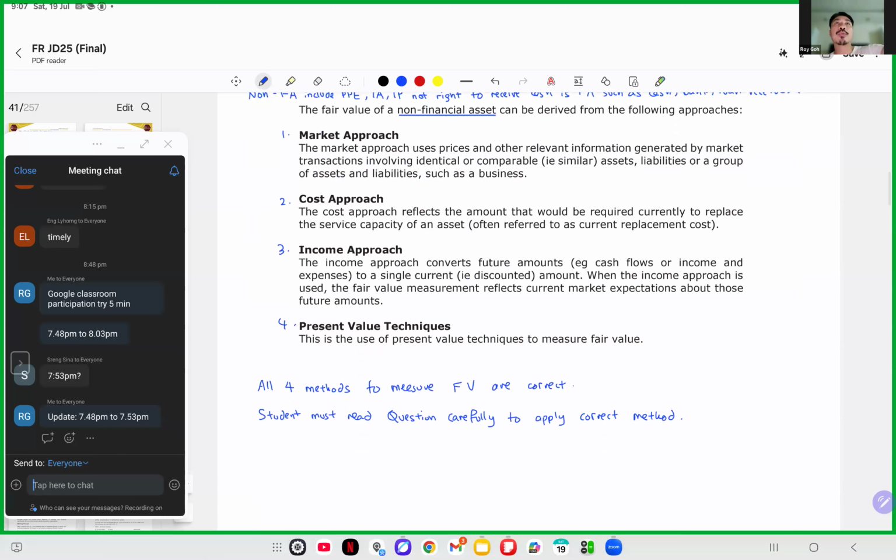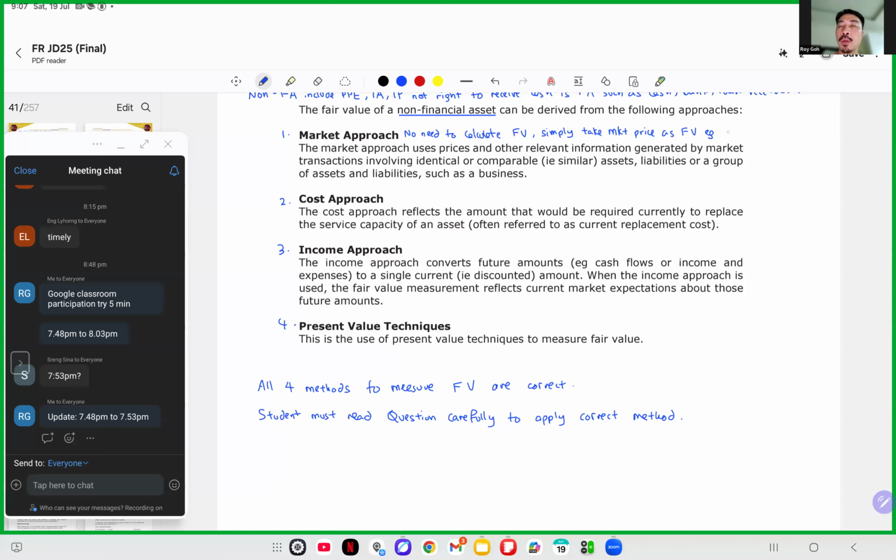What's called the market approach? If you're using the market approach, you no need to calculate fair value. No need. Why do you do that? You simply take the market price as your fair value.